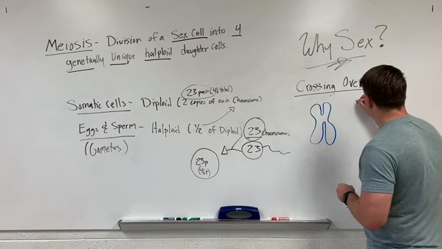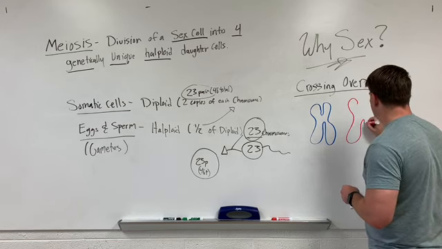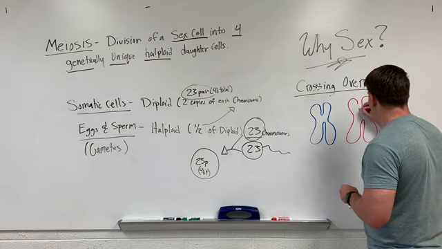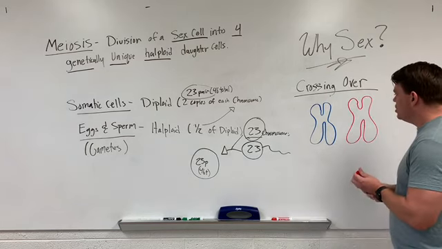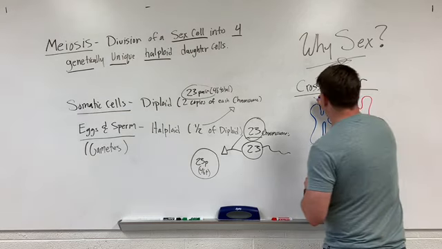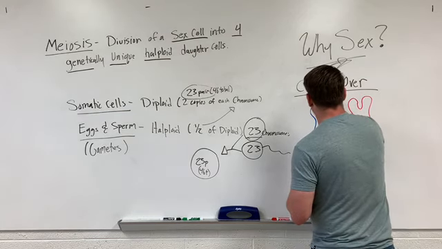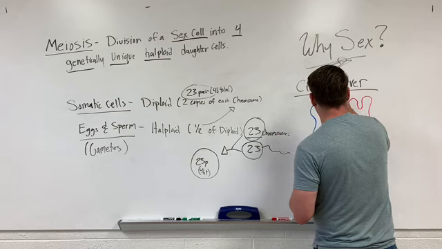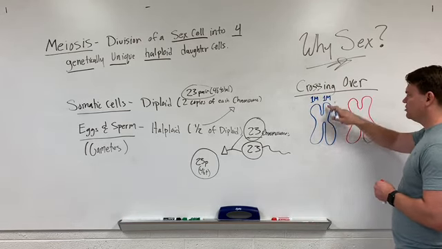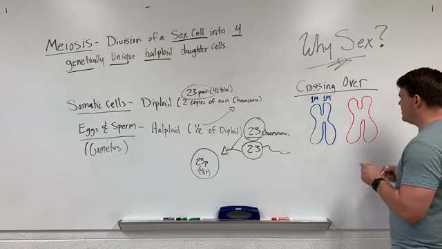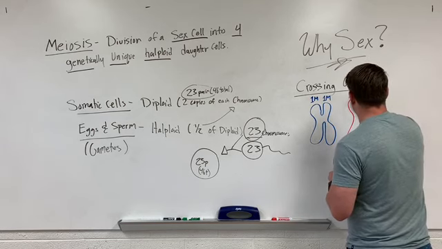So if we remember, in our cell cycle, we get to a point where we create all of our sister chromosomes. So we make an exact copy of all of our chromosomes. So let's say this is chromosome 1 from mom, and we have our exact copy here, right? That is chromosome 1 from mom. And let's say this is chromosome 1 from dad.